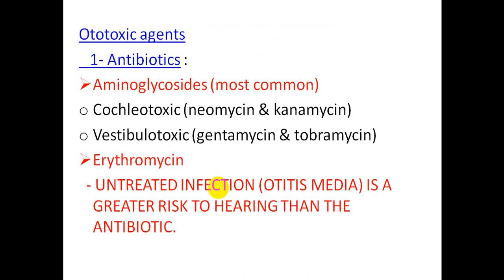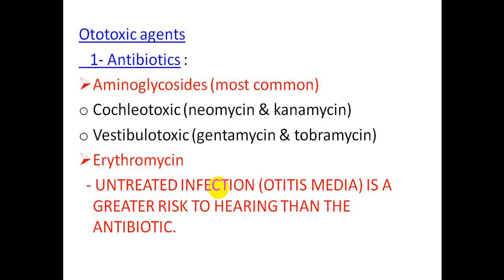The most common ototoxic agents are, number one, antibiotics, especially aminoglycosides. We have either cochleotoxic aminoglycosides like neomycin and kanamycin. Cochleotoxic means they are toxic to the cochlea, so the patient will have hearing loss and tinnitus.